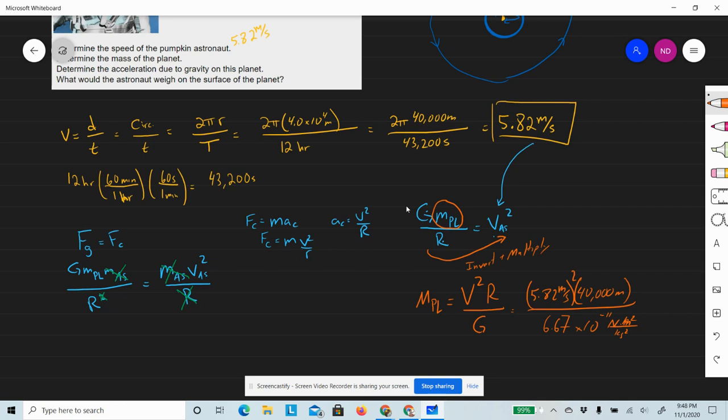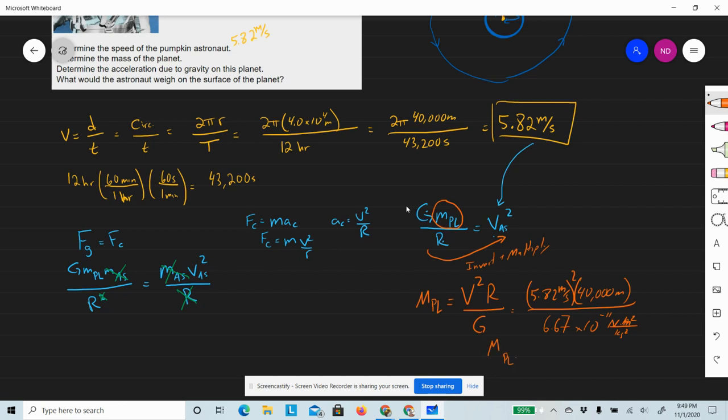So doing the arithmetic, doing that math, 5.82 squared times 40,000 equals that, divided by 6.67 times 10 to the negative 11th. Not a very massive planet.